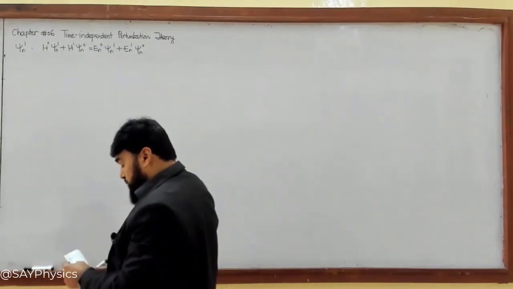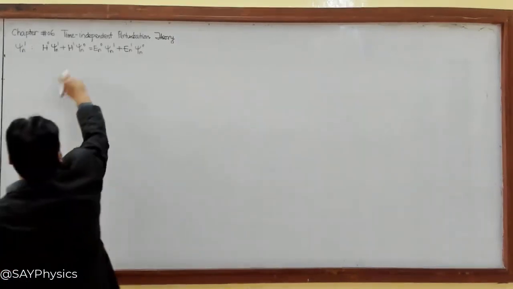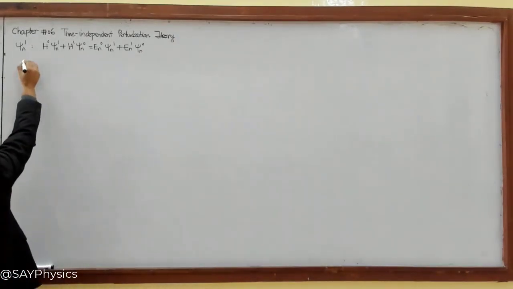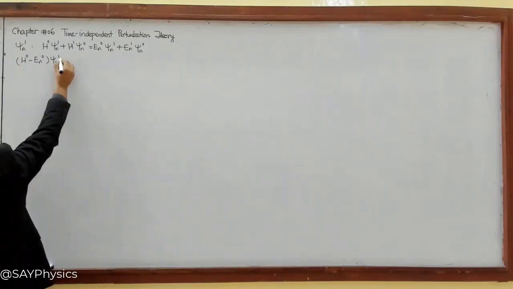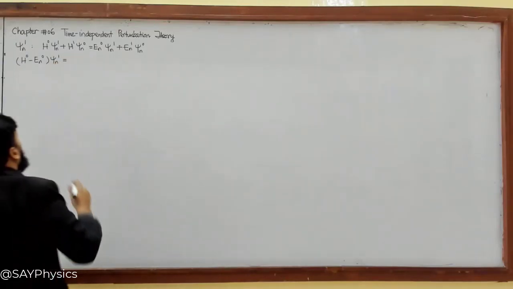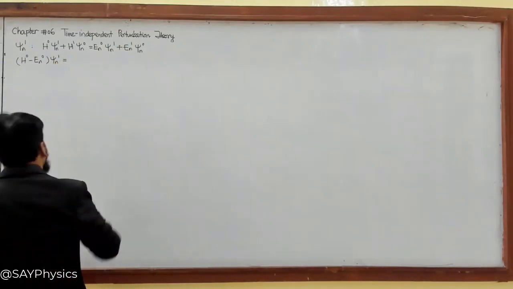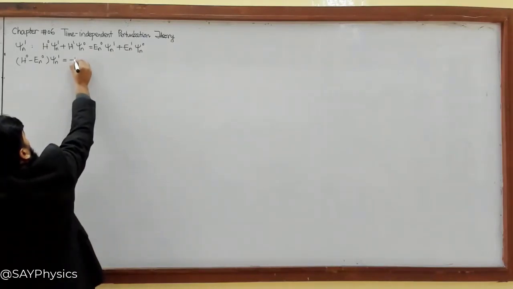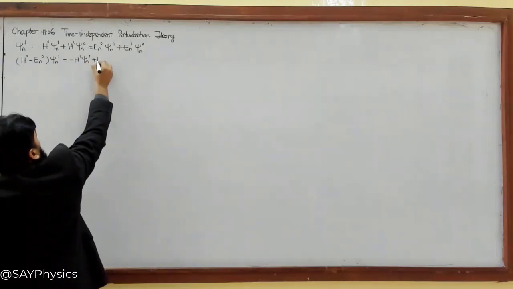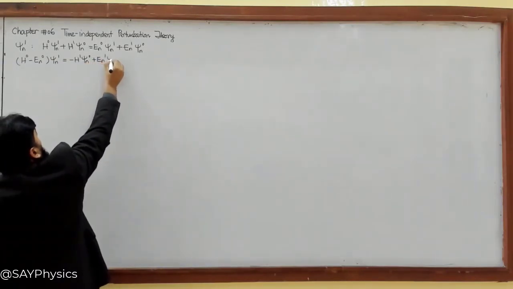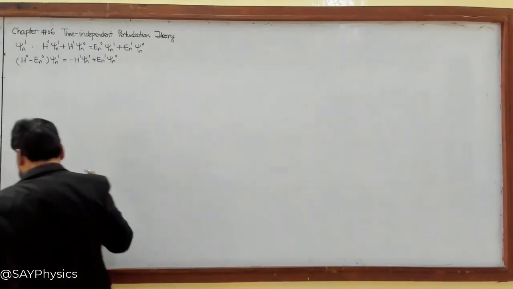So what I do, I just switch this one here to make it h0 minus en0 acting on psi n1 is equal to minus h prime psi n0 plus en1 psi n0.